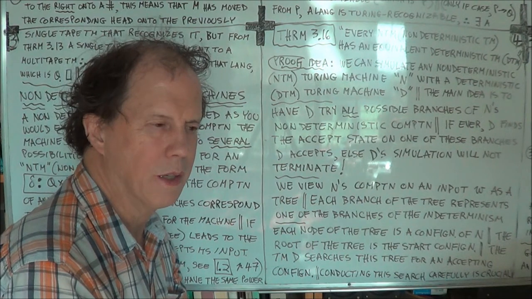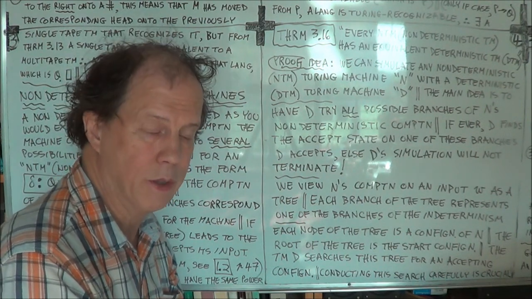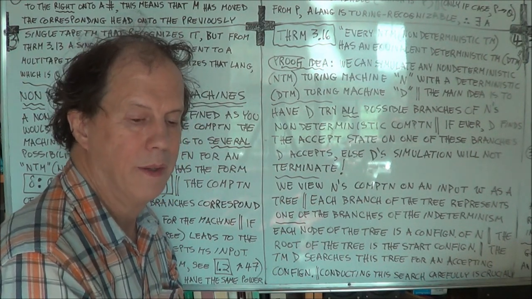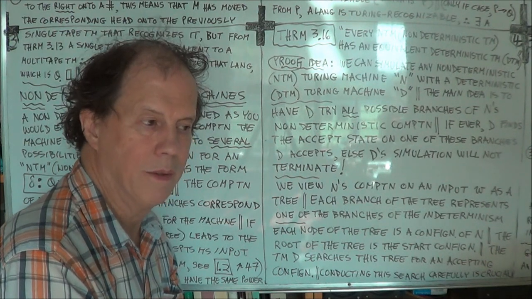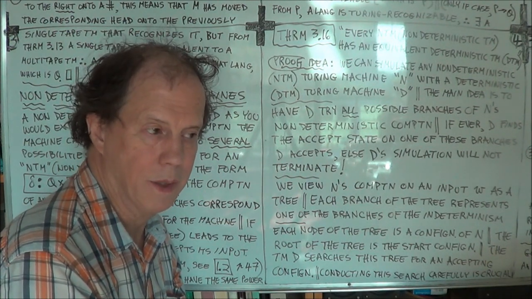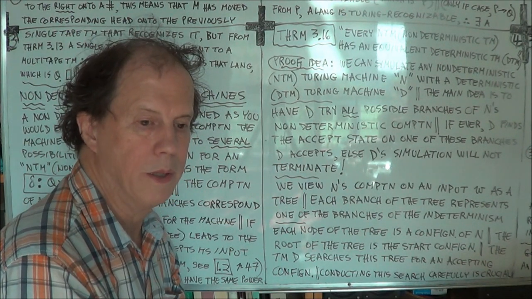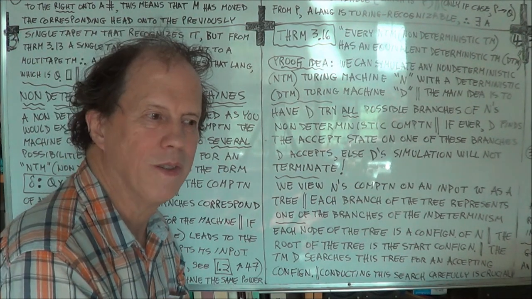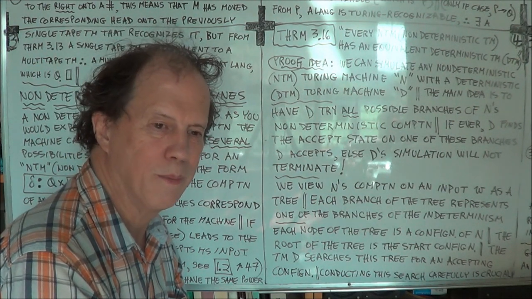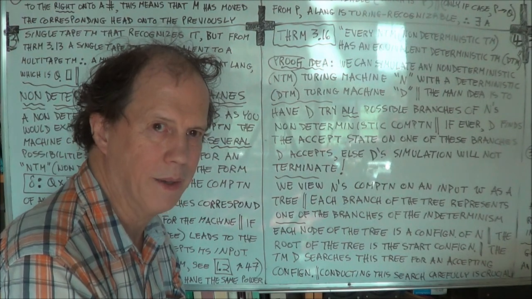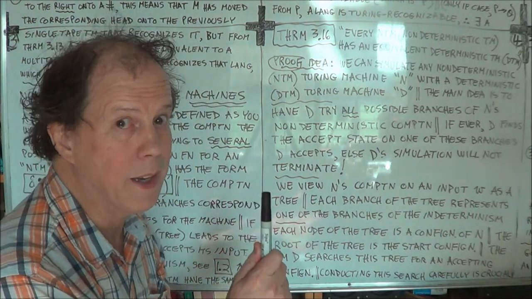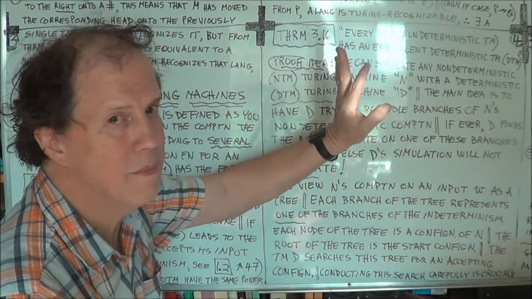If a non-deterministic Turing machine were proven more powerful than a deterministic one, people would be designing non-deterministic machines to get more power.